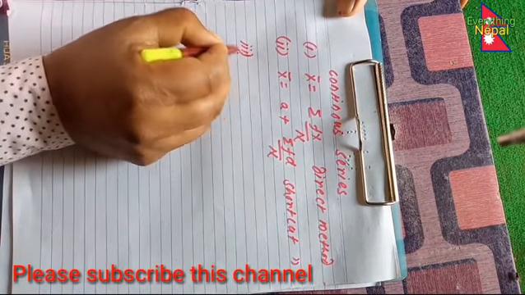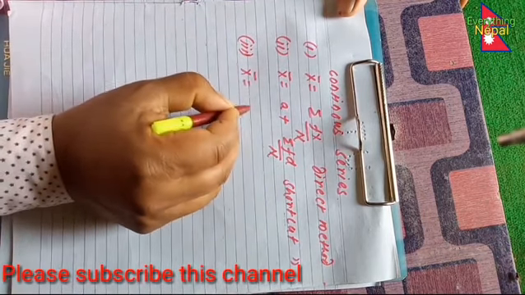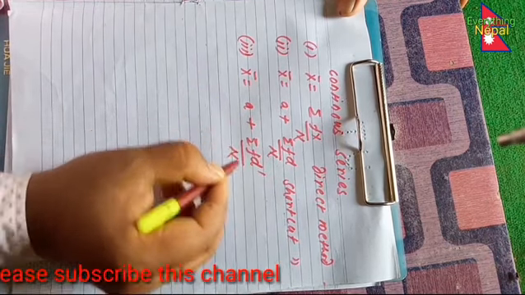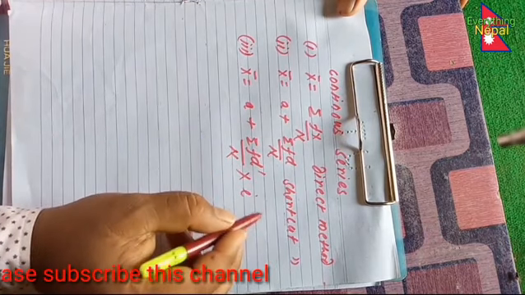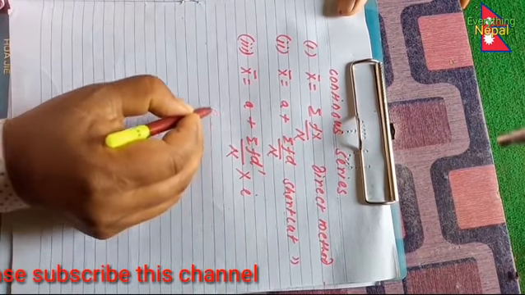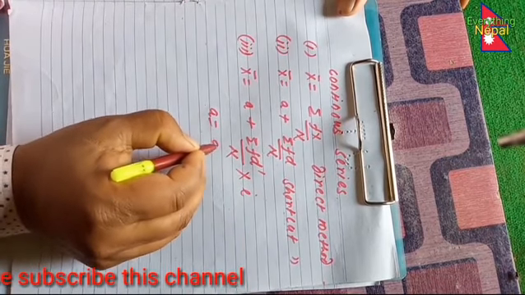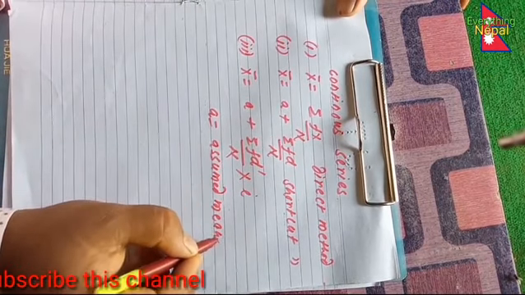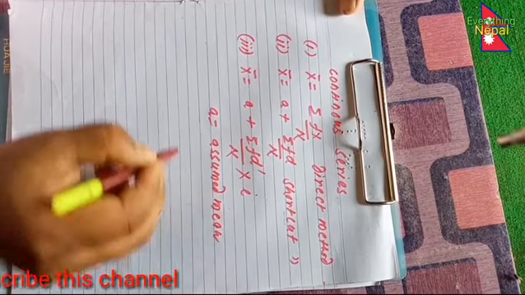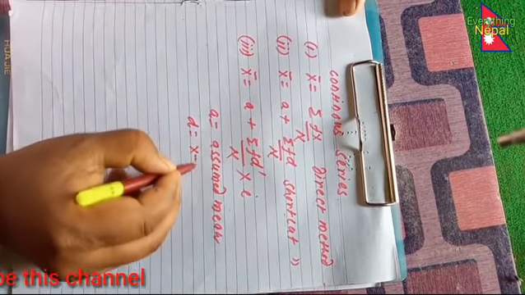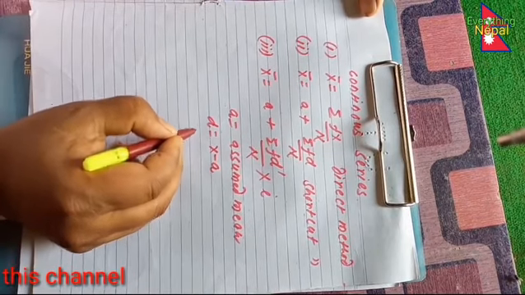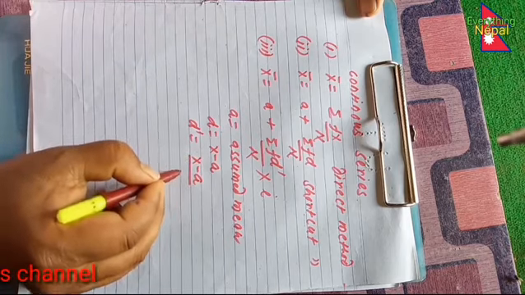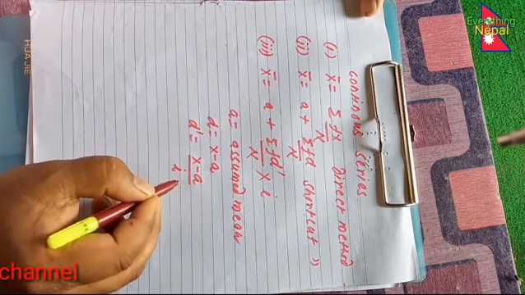And the third one is x bar is equal to a plus summation fd prime by n into I, where a is the assumed mean, as we have discussed earlier too. D is equal to x minus a, and d prime is equal to x minus a divided by the interval, that is I or h.